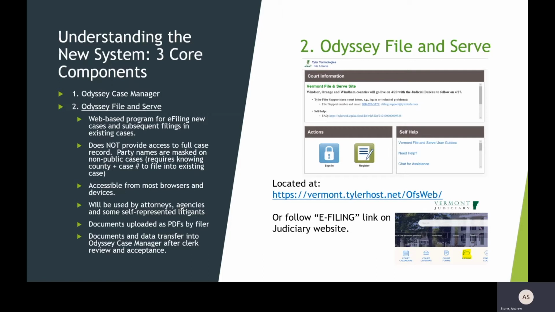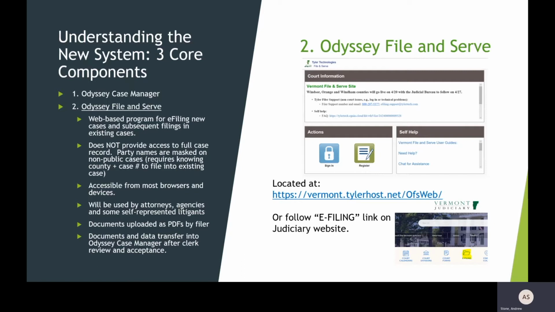The e-filing system, Odyssey File and Serve, does not display all the case documents or records. It's actually a very limited amount of information that you can see, especially for confidential cases. So you would not be able to get case information through the e-filing site, and through the public portal, you would not be able to file anything. So each has a separate function.